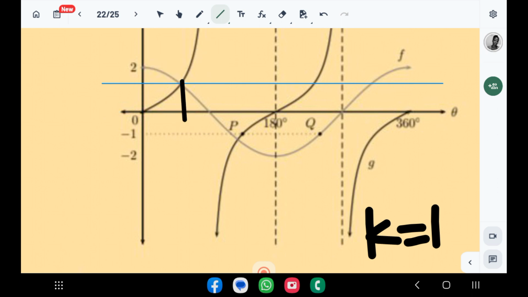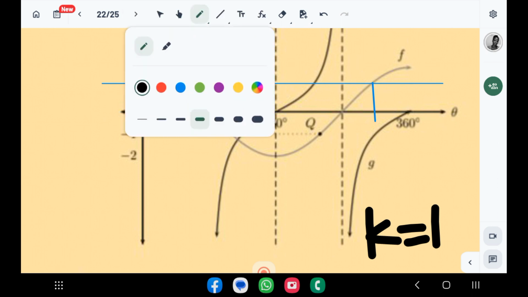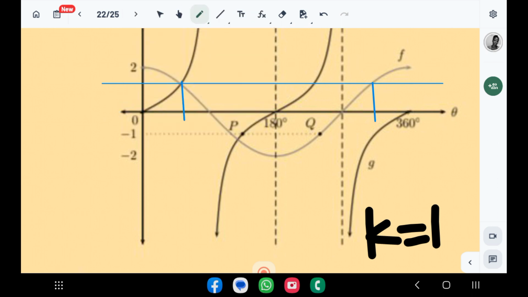The first one has reduced thickness. Let's keep it blue. Let's duplicate it on the other side. This point is 60 degrees and that is 300 degrees. And there are other indications.